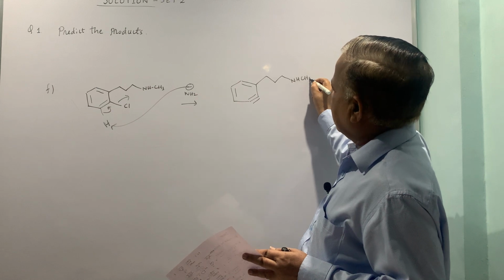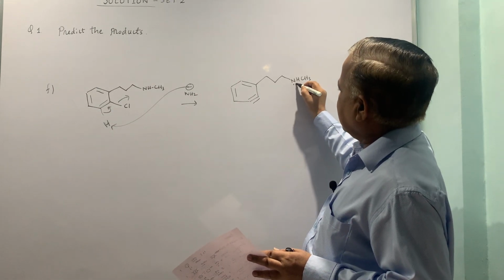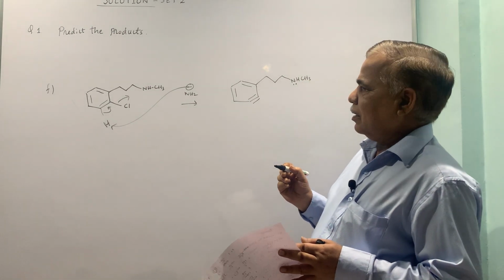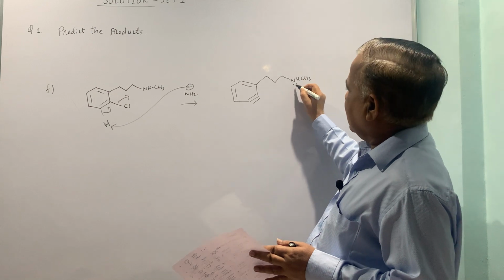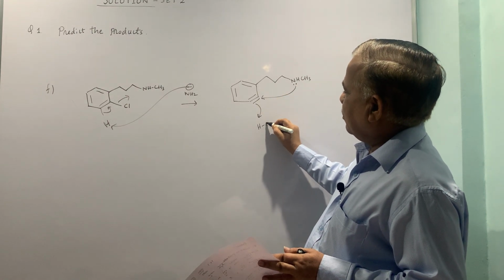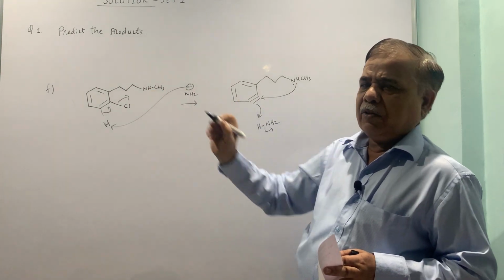NHCH3 is there. Now this is the benzyne intermediate, and since the nitrogen is available here, this attacks here, and this can take up the proton from the ammonia which is generated from here.